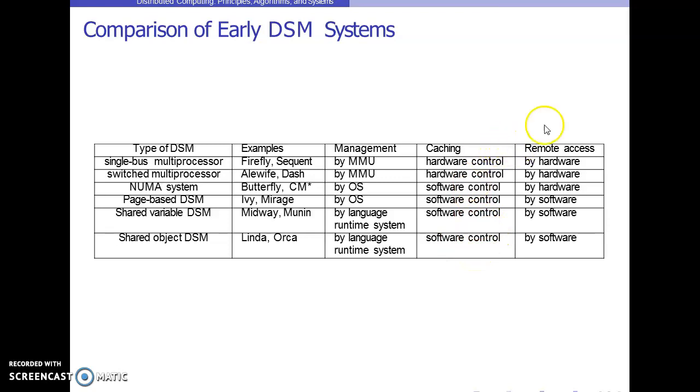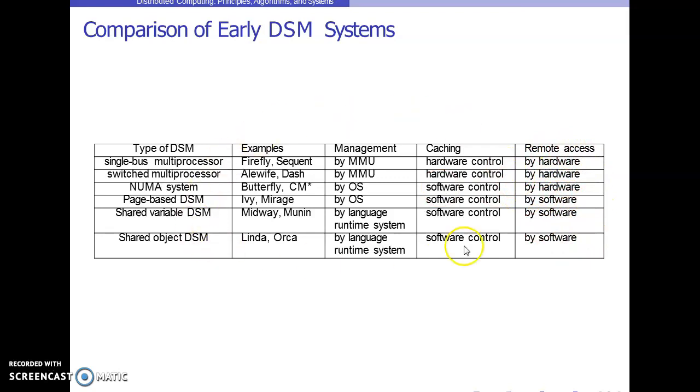The next factor is remote access. In single bus, switched multiprocessor and NUMA systems, data is remotely accessed by the hardware. In page-based DSM, shared variable DSM, and shared object DSM, data is remotely accessed by the software.